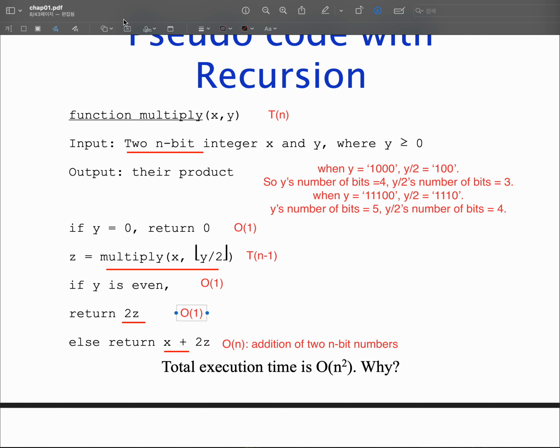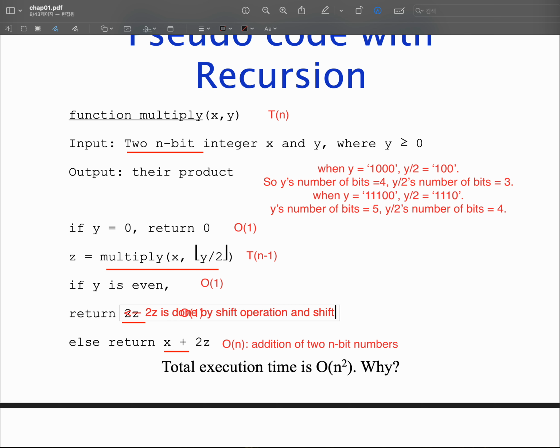Now, so here y is n-bit, okay? Multiplying by 2 is done by shift operation, okay?